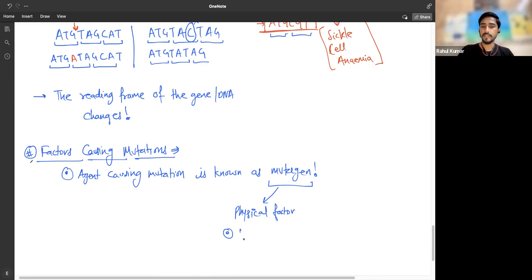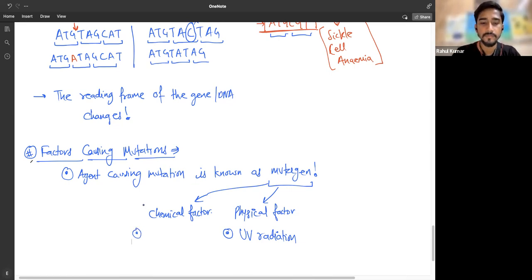UV radiation. Remember I talked about UV radiation? It is a very high energy radiation. It is a physical factor which causes mutation. Okay. Or it can be chemical factors. What is a chemical factor that can cause mutation? Any idea? Am I audible, everyone?